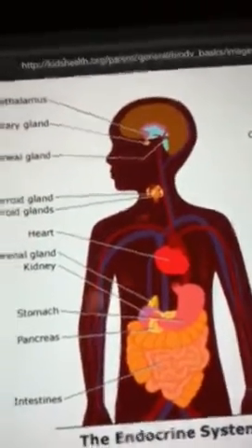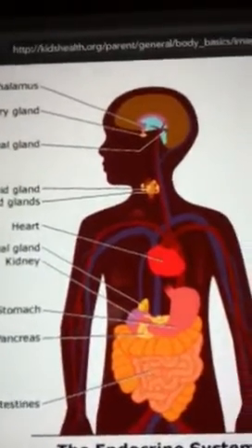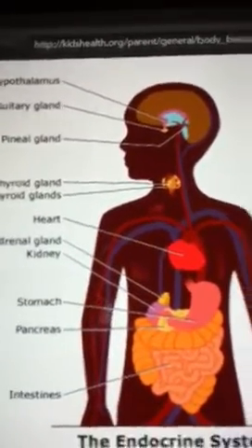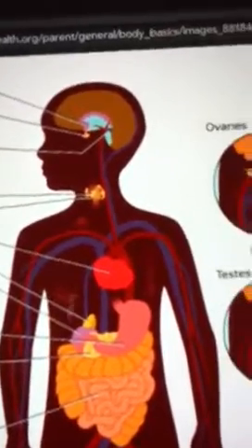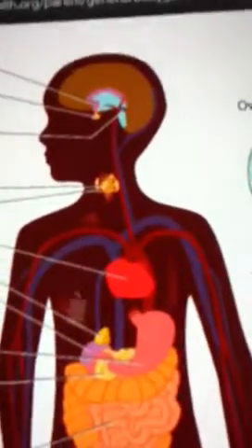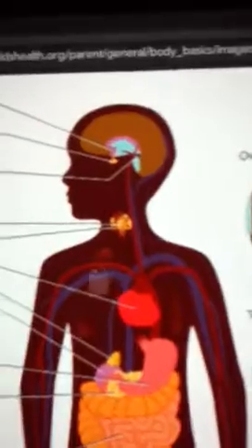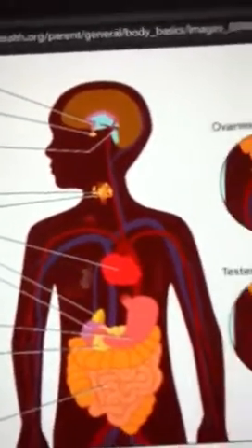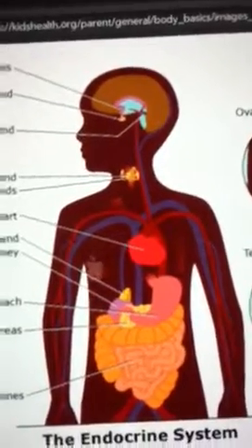Alright, so the thyroid gland then releases T3 and T4. I'm getting ahead of myself. I'm sorry. The thyroid gland is represented by the evaporator. So when the refrigerant, which is represented by TSH, is sent to the evaporator, the cool air that is created is represented by T3 and T4.